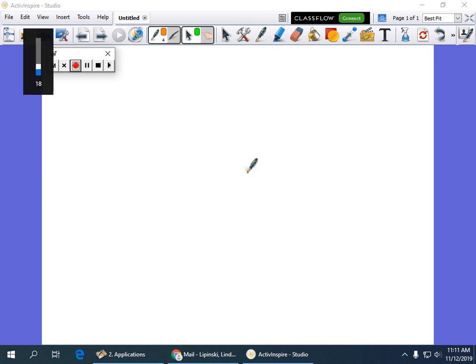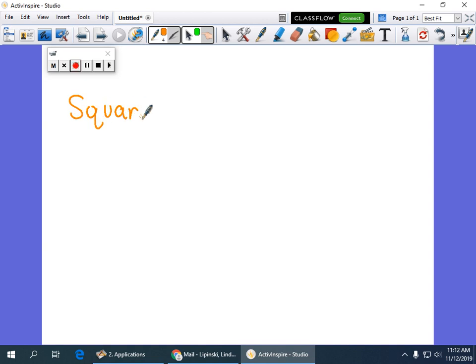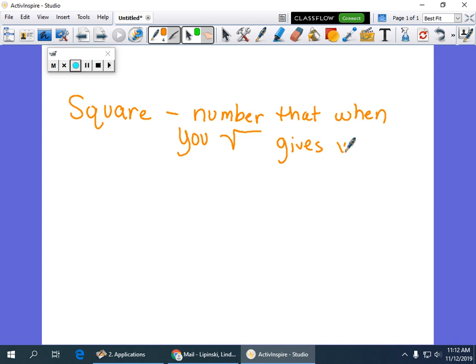The top of the page has to do with vocabulary. A square is not referring to geometry, but to a perfect square. Okay? So a number that when you square root gives you a whole number.